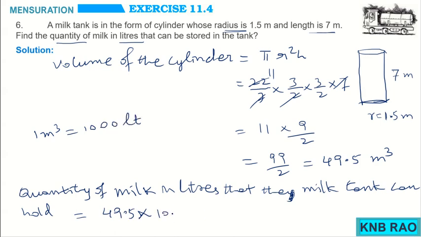So I have to multiply this by 1000 liters. That means 49.5 into 1000 is 49,500 liters of milk that it can hold. 49,500 liters. Now moving on to question number 7.